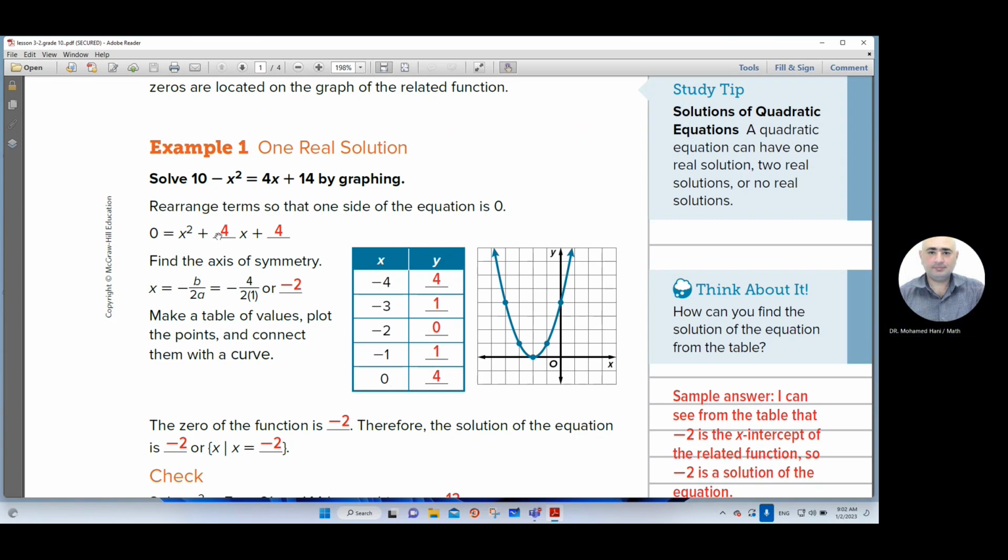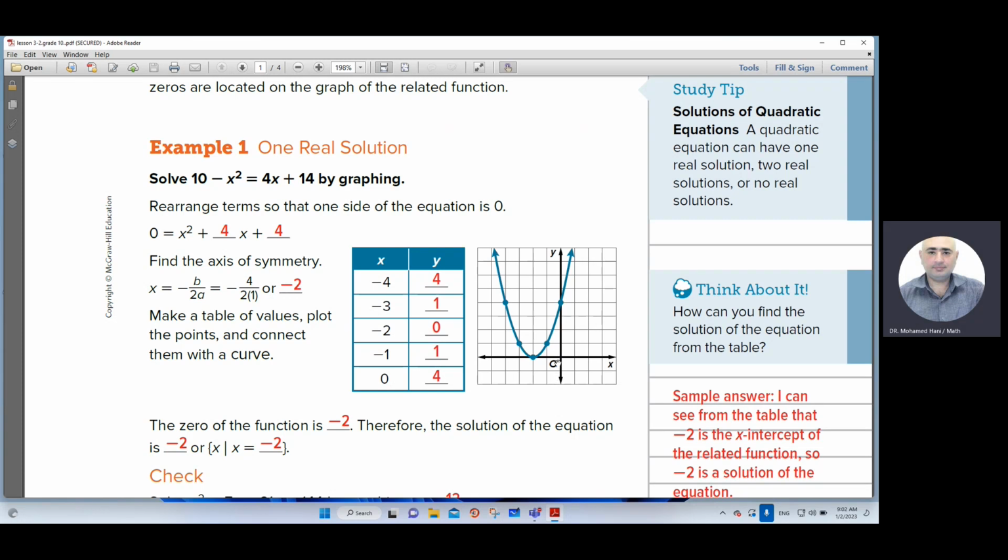B is the coefficient of the middle term, 4. And what is a? A is the coefficient of the first term, so the value will be 1. So negative 4 over 2 times 1, negative 4 divided by 2 will be negative 2. So x equals negative 2. This is the line of symmetry.